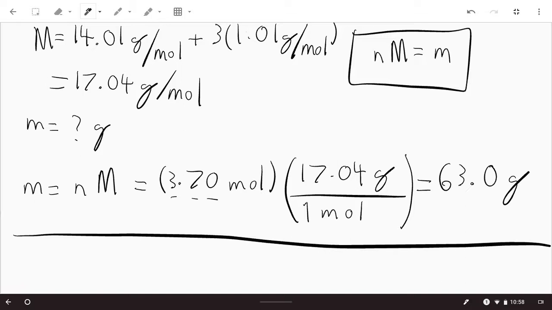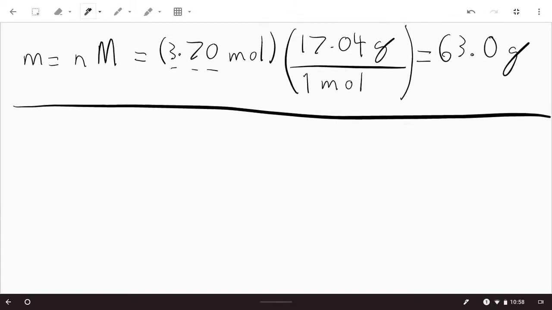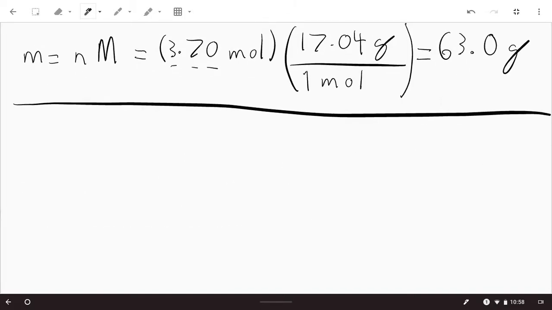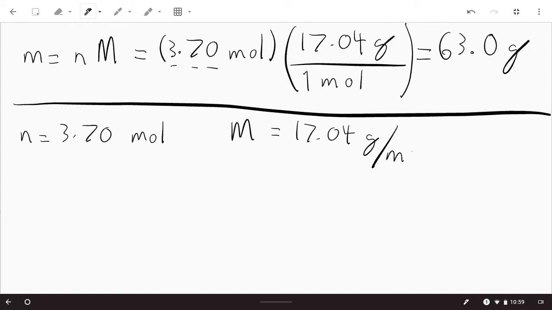I can also do it using unit canceling. The numbers are all going to be the same if I unit cancel. So the moles is still the same. The molar mass is still the same. And our unknown is still the same as well.